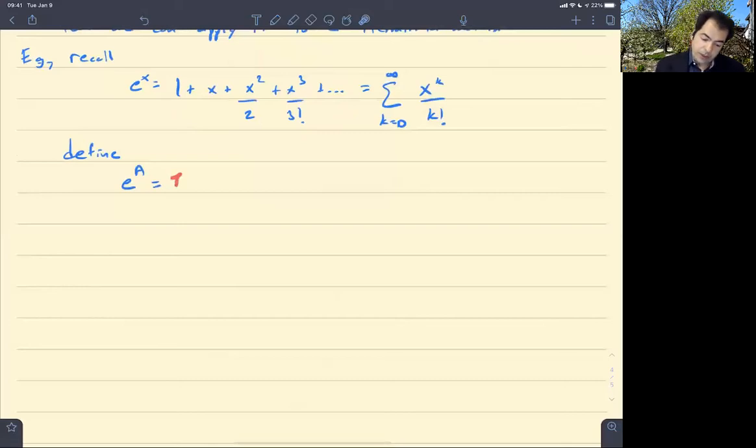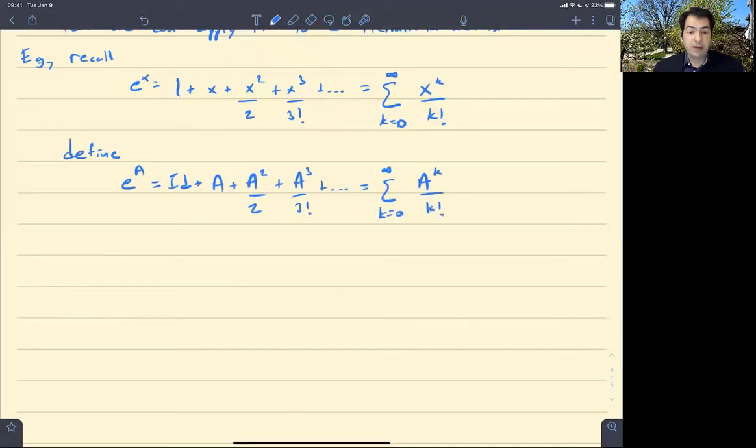I get the identity plus A plus A squared divided by 2 plus A cubed divided by 3 factorial, and so on. Or briefly, the sum k goes from 0 to infinity of A to the k divided by k factorial. Now this definition makes sense regardless of whether or not A is Hermitian.